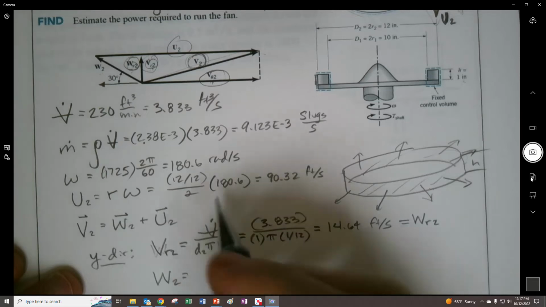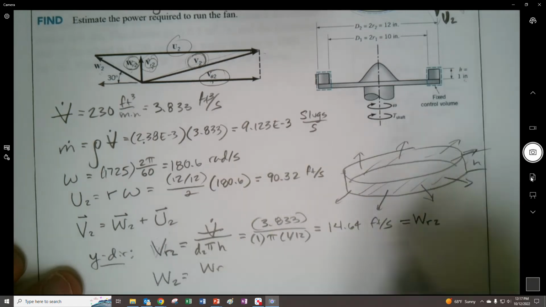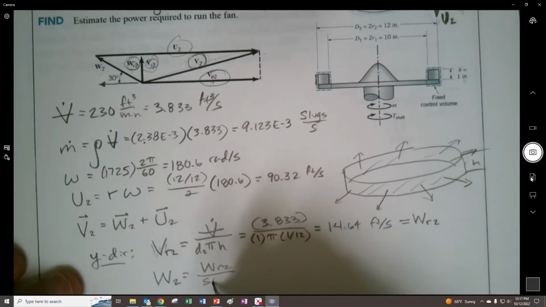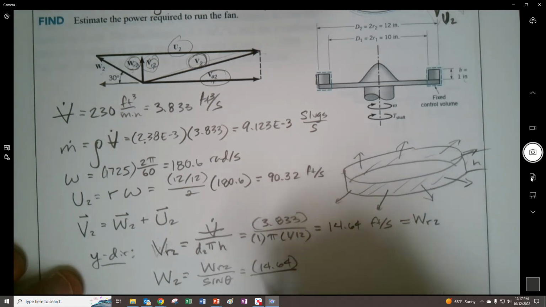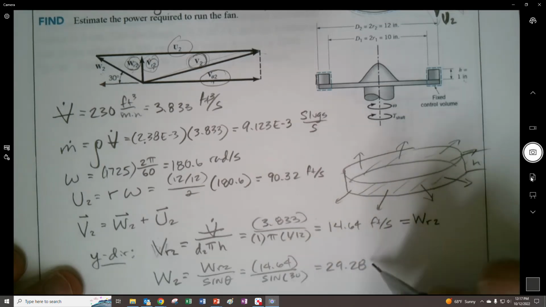W2, and we're going to divide WR2 by the sine of that angle. So take 14.64 and divide by the sine of 30 degrees. So we get 29.28, right? Just makes sense. This is 0.5, so it's going to be 2 times the thing.